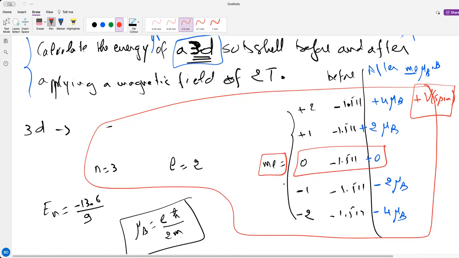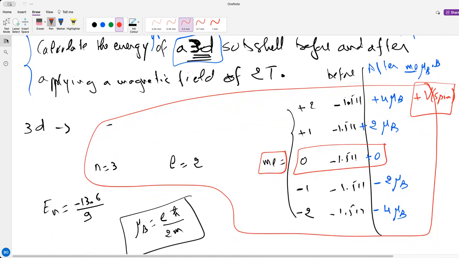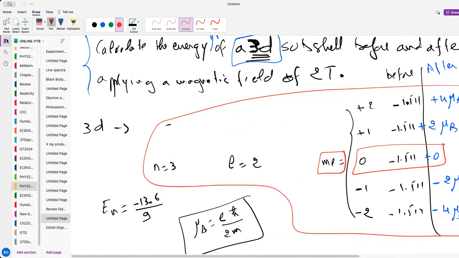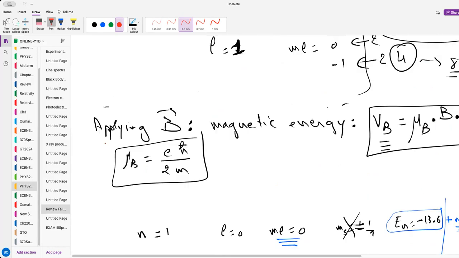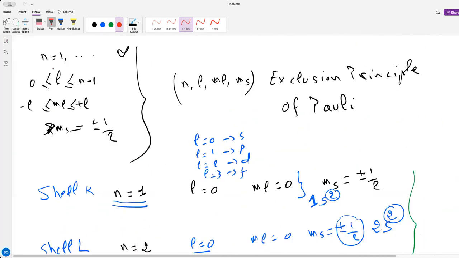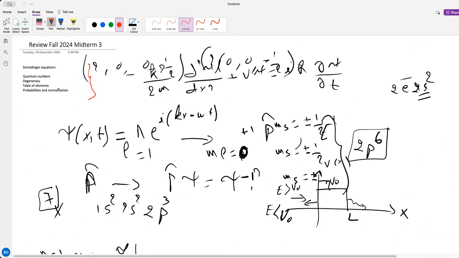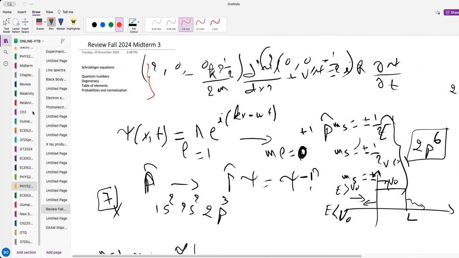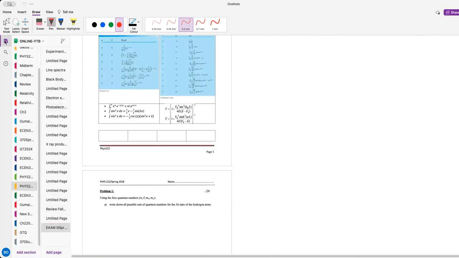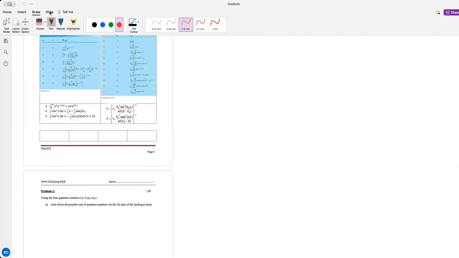What else? The last thing I wanted to mention, the probability and the normalization, this we will do in the exam. So let's start.